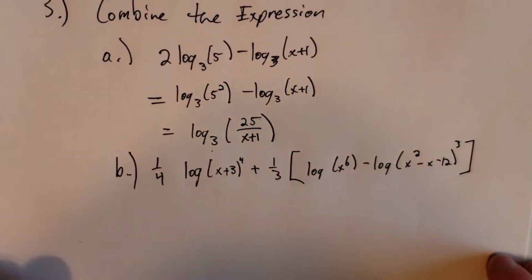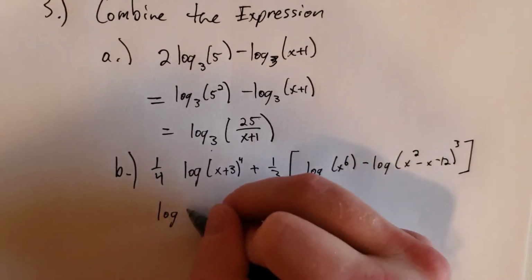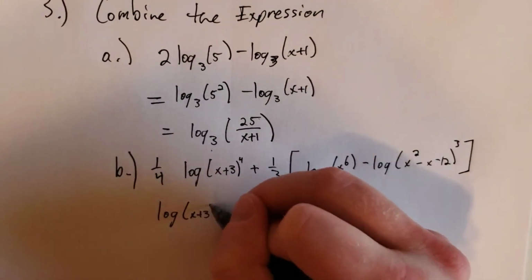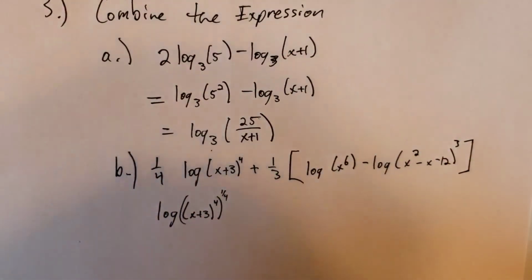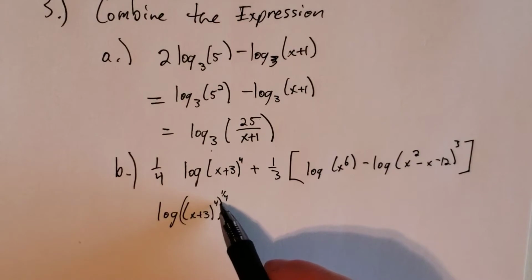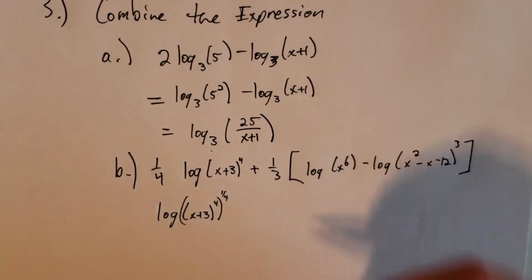Here, we want to, again, move this 1/4 up to the exponent. So this is log of x plus 3 to the 4th raised to the 1/4. Well, 1/4 times 4 is just 1, so those will cancel.